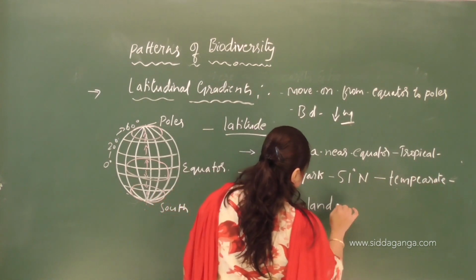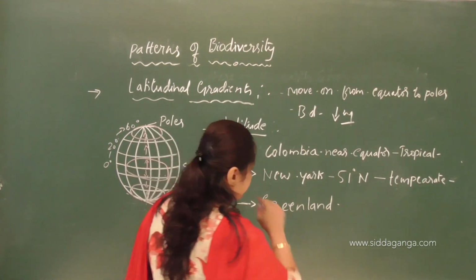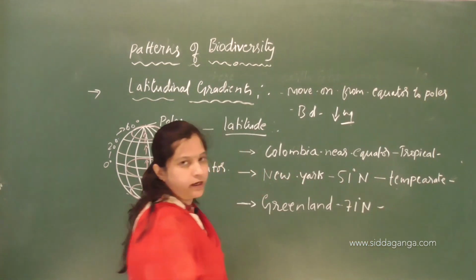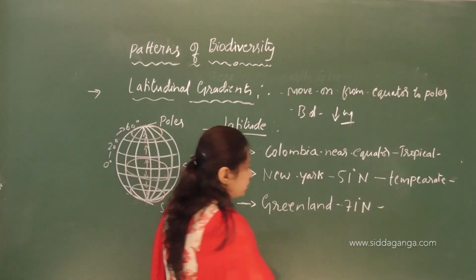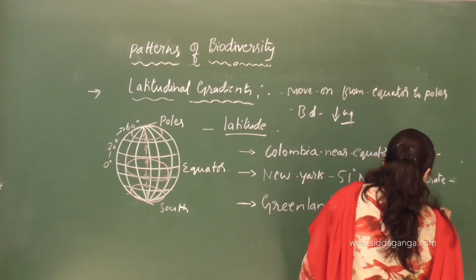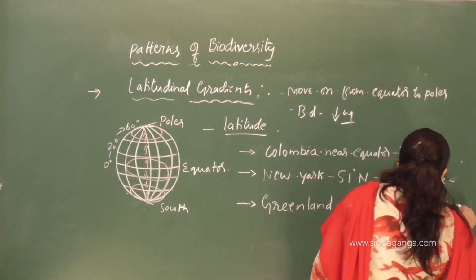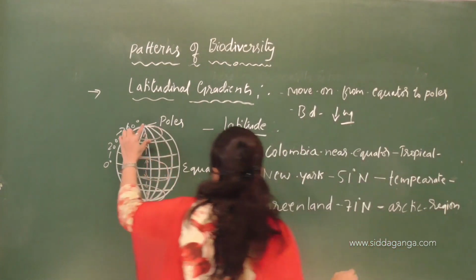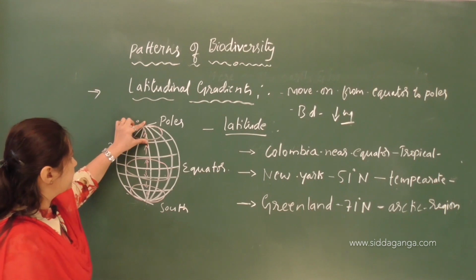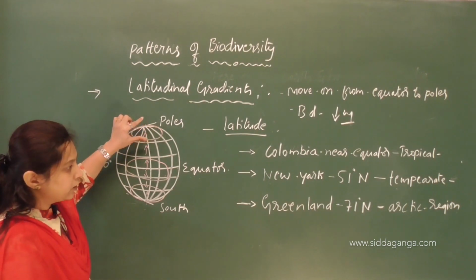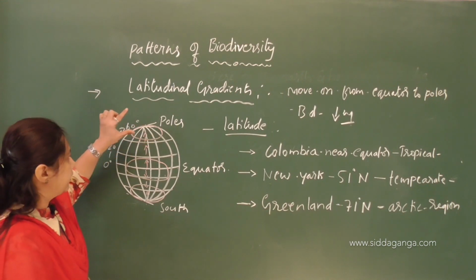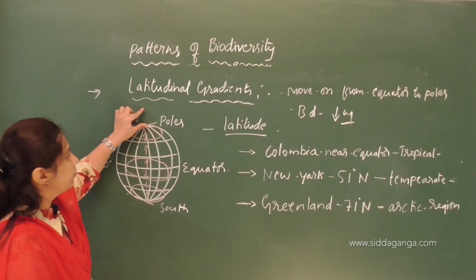It is located in the Arctic region, the polar region, at 71 degree north. The Arctic region comes at the extreme pole, in the northernmost part of the earth.